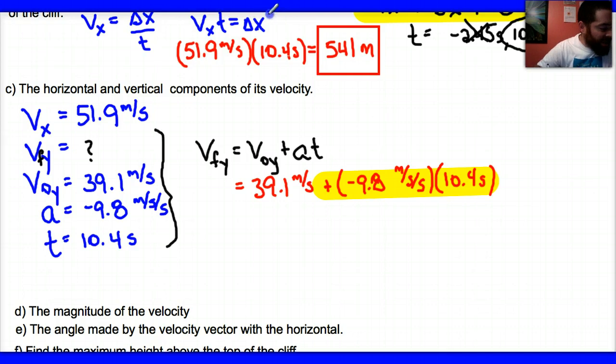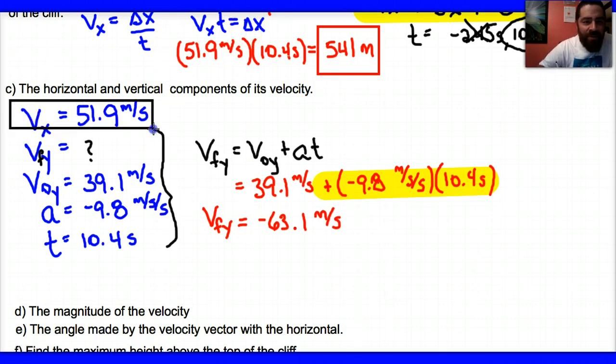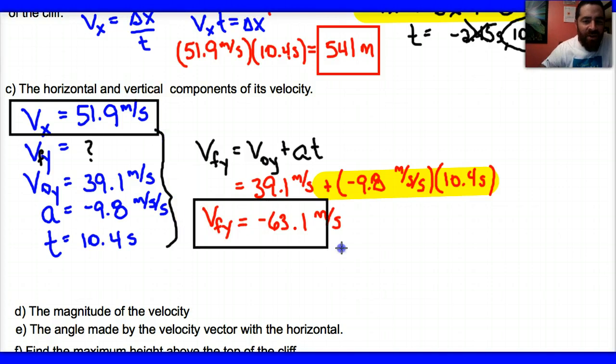By the time I reach 10.4 seconds, that in fact has happened, and I get negative 63.1 meters per second as my final y component of velocity. So part C effectively has two answers. The x component of velocity is 51.9, the same as when it started, and the y component of velocity is negative 63.1 meters per second.